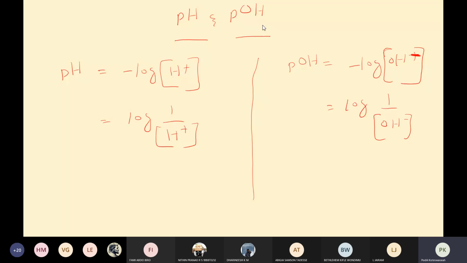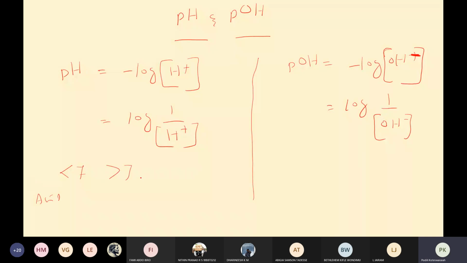Therefore, pH is equal to the negative logarithm of hydrogen ion concentration or hydrogen ion activity, so pH is equal to minus log H plus, which is equal to log 1 by H plus. Solutions having pH less than 7 are known as acidic solutions.